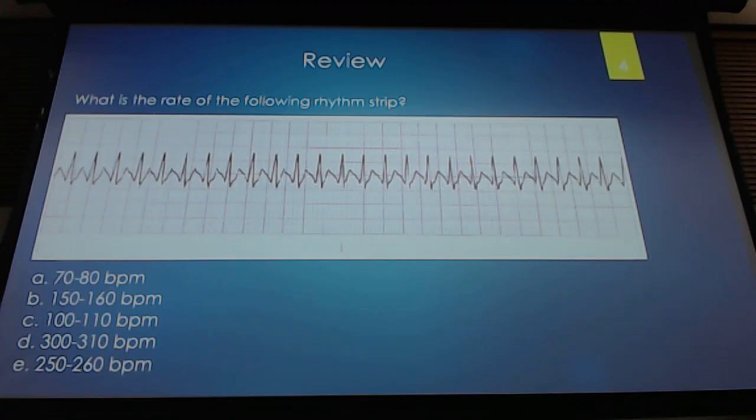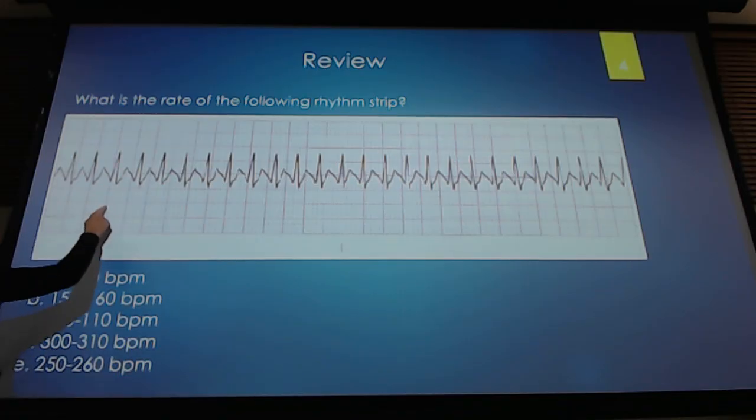We can use the counting method, right? Sure. We find an R that appears to be on a dark line, which is pretty easy to tell, and we can count over. So if we use the counting method, what might our rate be? So just under 300, right?